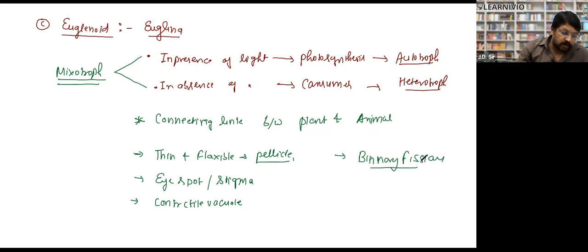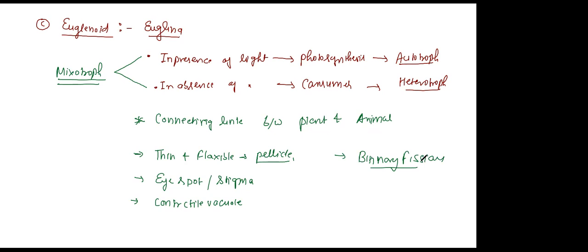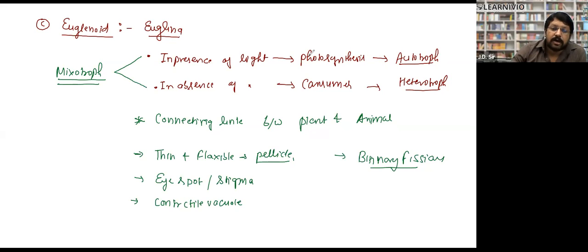So that's it for euglenoid. Is it clear to you? Sir, yes, sir, the function of the eye spot is only to sense light. Exactly. Like you have a rain-sensing wiper in your car, or those doors which open when you reach there, they recognize the impact of light and open.